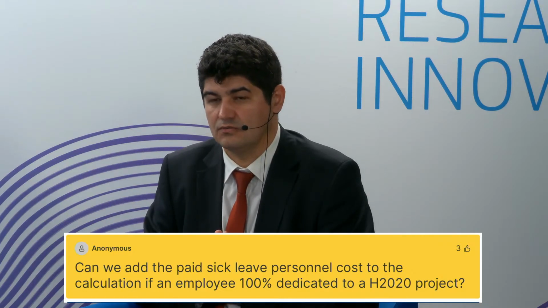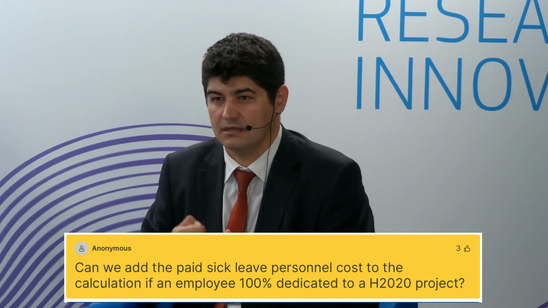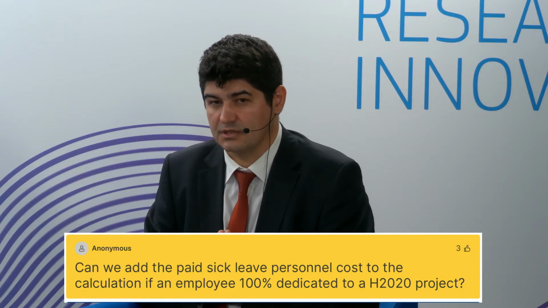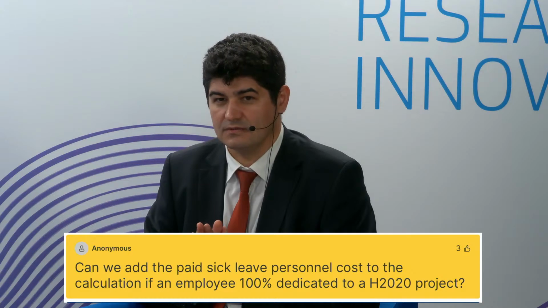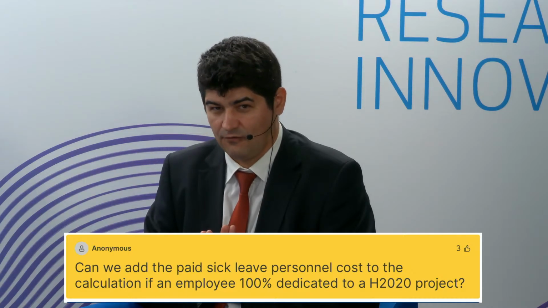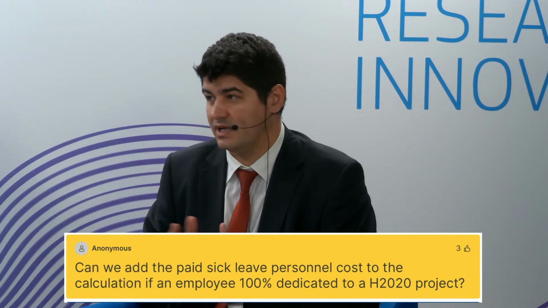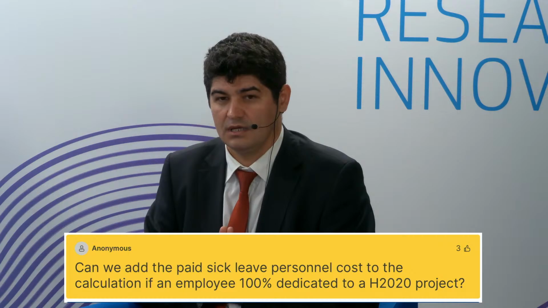So if the person was sick and received some remuneration, you'll have to declare all the cost of that person. I would say be prudent in the sense that if you receive reimbursement from the national security for the person, you will eventually need to declare the net, the difference between what you paid and what you received. So please pay attention to this.